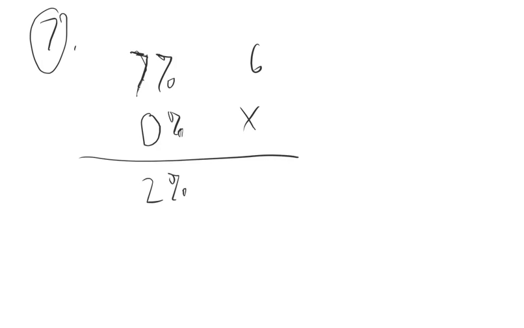So the 2% solution, if you mix together 6 gallons plus X gallons, you'll have 6 plus X gallons of solution. So basically you start with 7% of solution that has 6 liters, and then you have pure water, which is 0% solution.